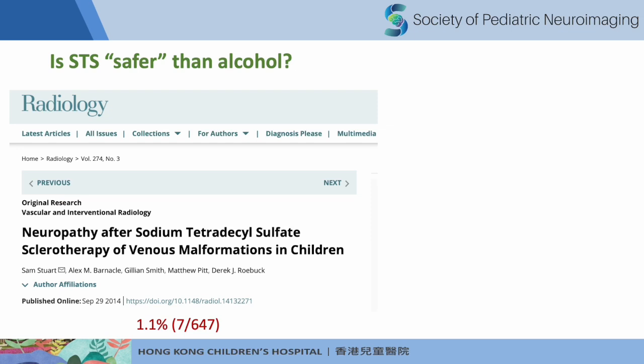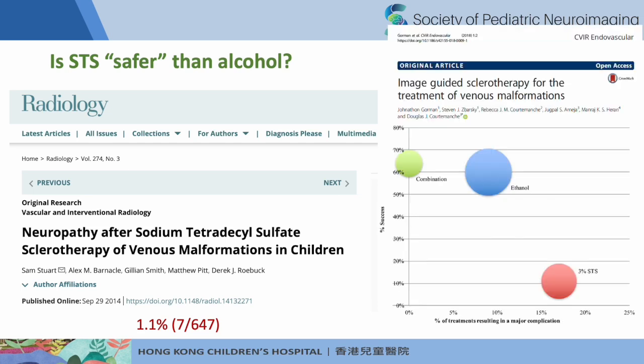Now, is STS safer than alcohol? This is again a matter of huge debate. We look at this paper from Great Ormond Street. It shows that the rate of neuropathy of STS is 1.1%, which is lower than that in alcohol. But then we look at this image-guided sclerotherapy paper from BC Children's.